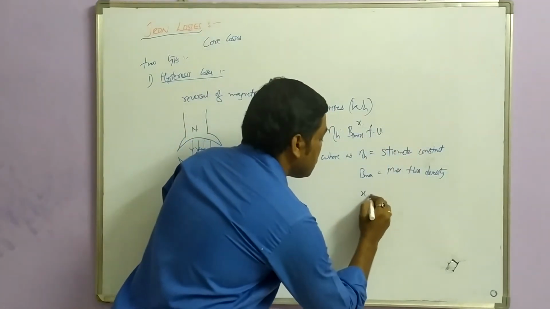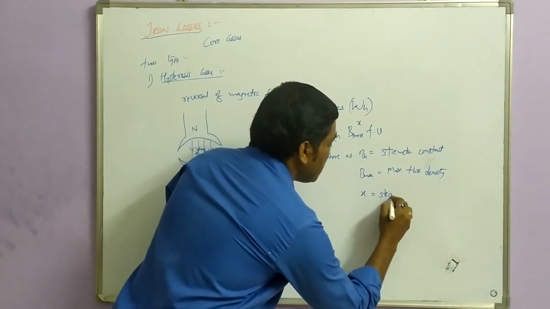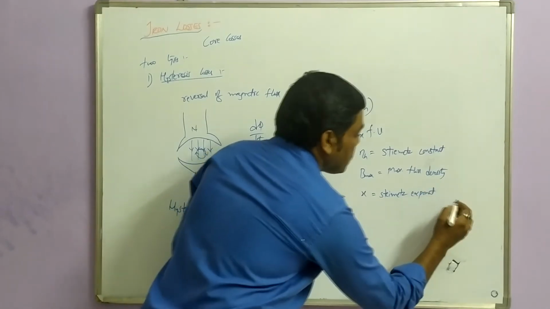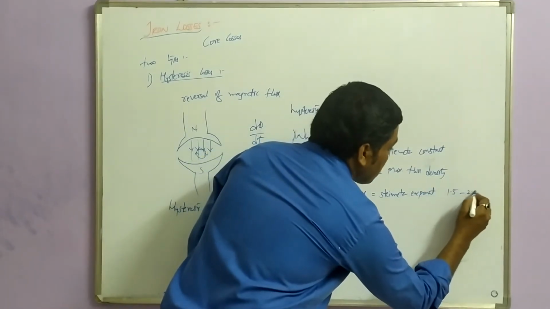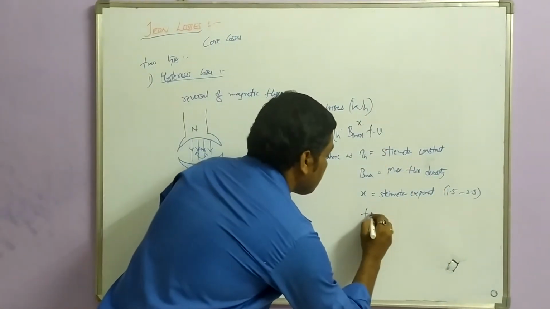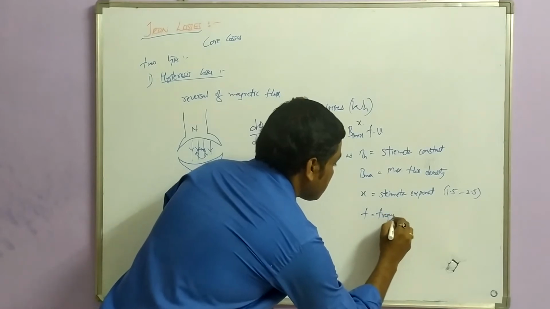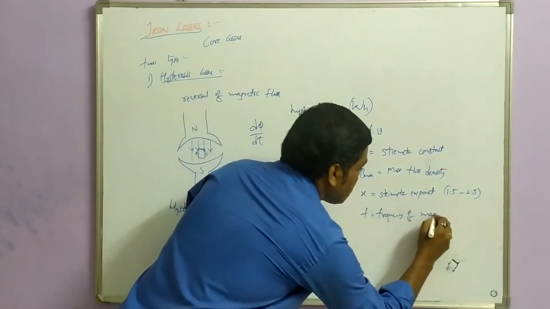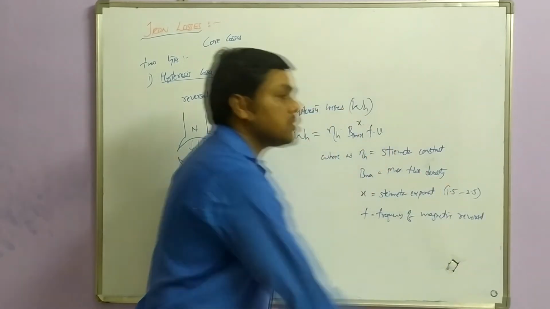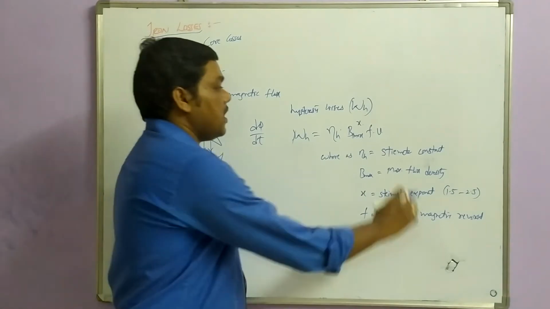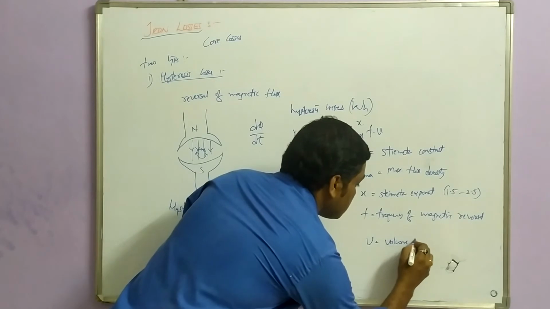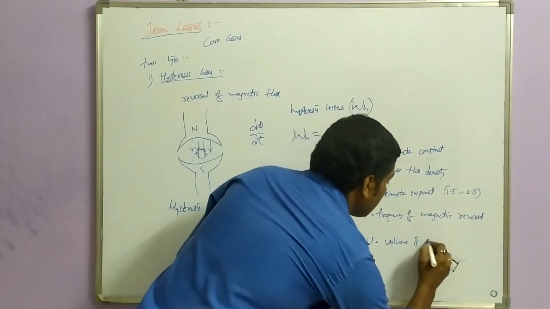X is the Steinmetz exponent, which varies between 1.5 to 2.5, F is the frequency of magnetic reversal, and V is the volume of the core.